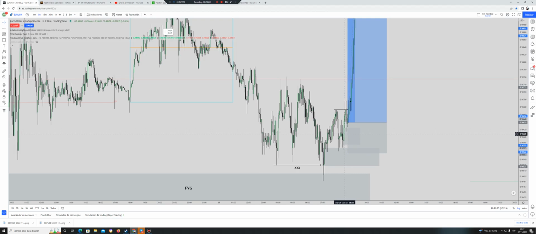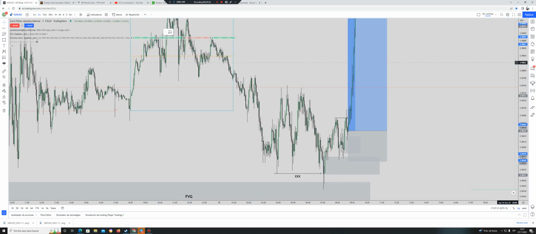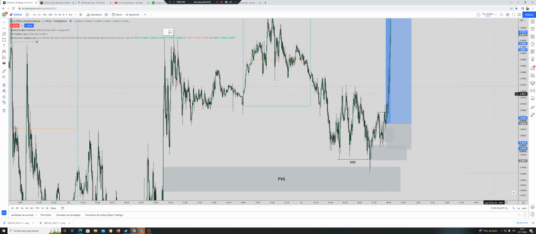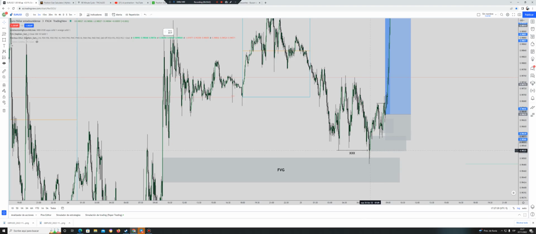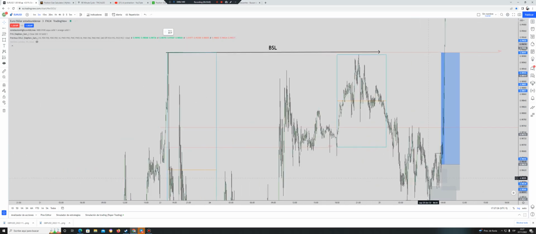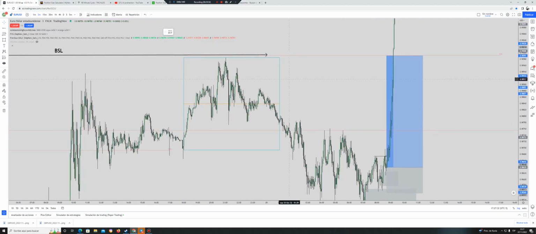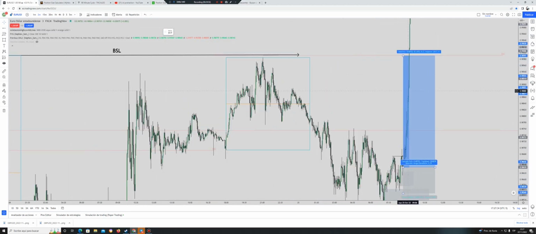This day we had, I can't remember the news, but we had red big news. And once I saw this low was taken, tapping the fair value gap, and we have this buy side liquidity, equal highs here, it was like they're going to take price to take those highs, to take all that liquidity.